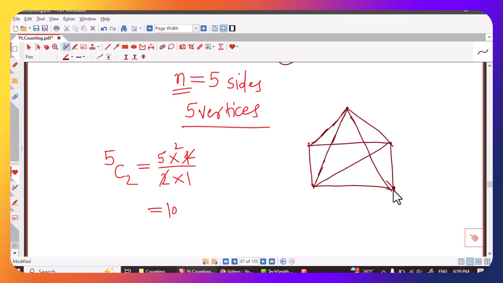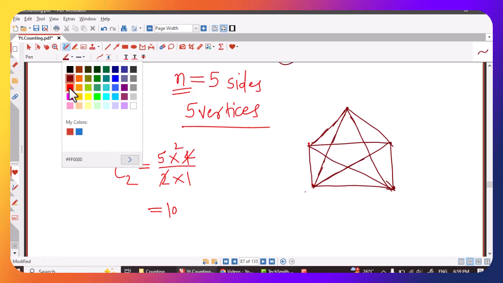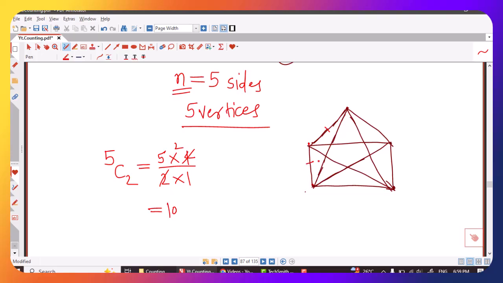Then this vertex can be joined with this vertex and this vertex also. Similarly, from this vertex we have this line segment, and now we can check what is the total number. So suppose this is 1, 2, 3, 4, 5, 6, 7, 8, 9 and 10. So we can see the number of straight line segments which can be constructed by joining 2 vertices out of 5 vertices.